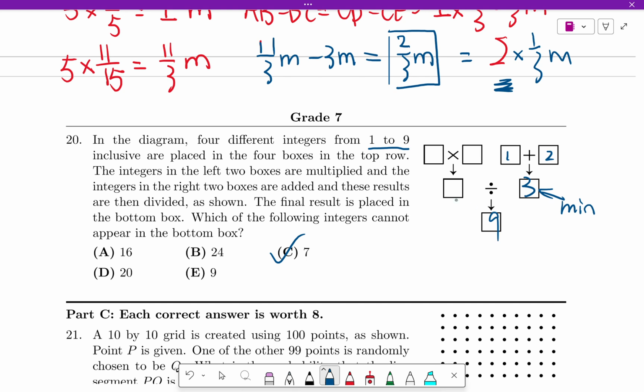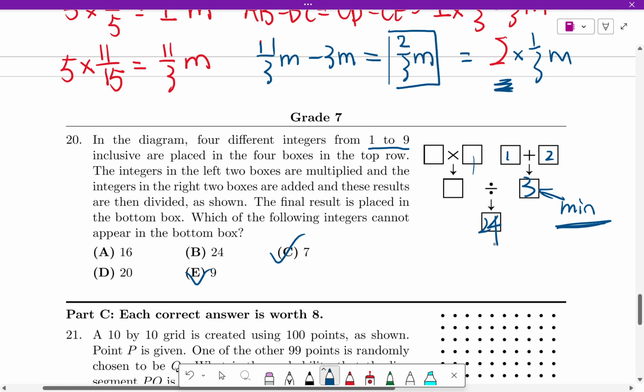Next possibility, let's go with 9. If we have 9 here, the number that goes into this box must be 3 times 9, which is 27, since we still want to keep it the minimum. We do have a possibility to fill these 2 boxes to meet a product of 27, so 9 also works. Next, let's go with 24.